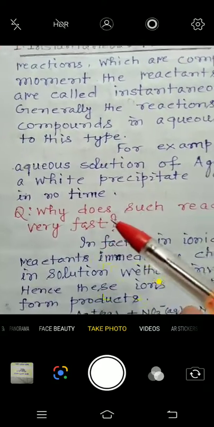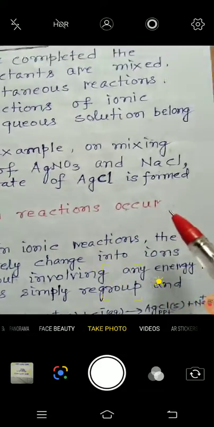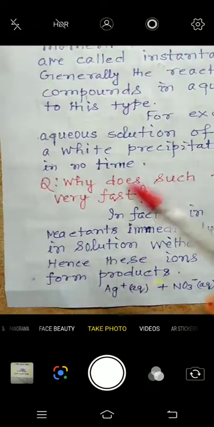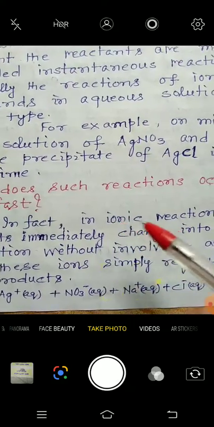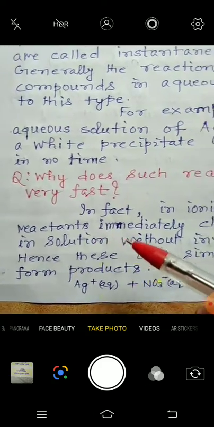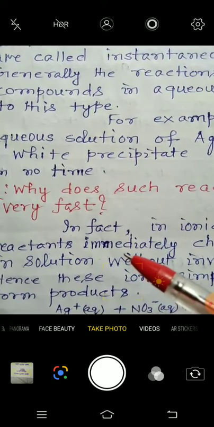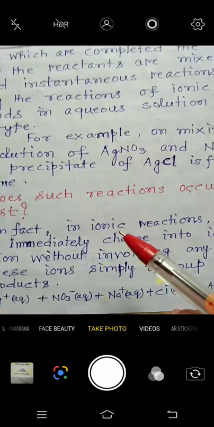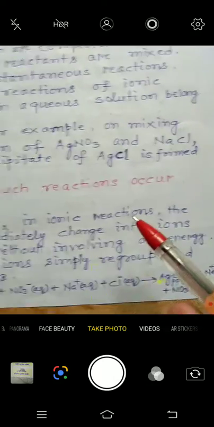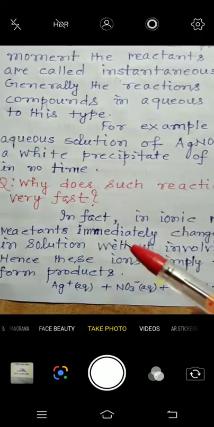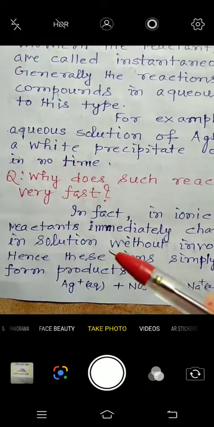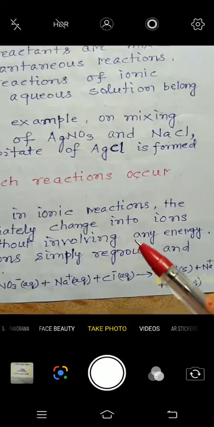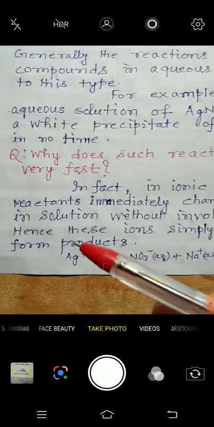Now, why do such reactions occur very fast, rapidly? In fact, in ionic reactions, the reactants immediately change into ions in solution without involving any energy.